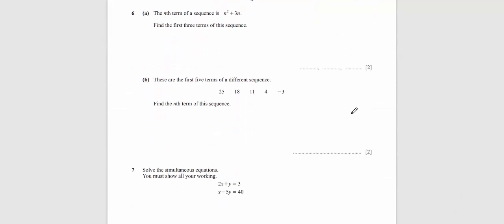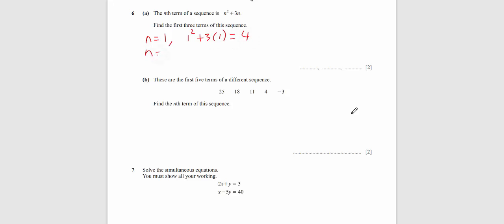And then number 6a, the n-th term of a sequence is n squared plus 3n, and they ask you to find the first 3 terms. The first term is n equal to 1: 1 squared plus 3 times 1, which is 4.